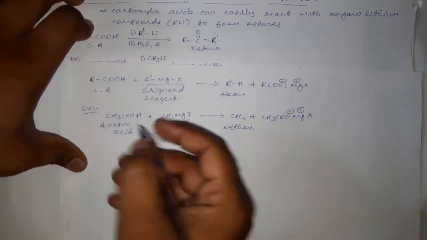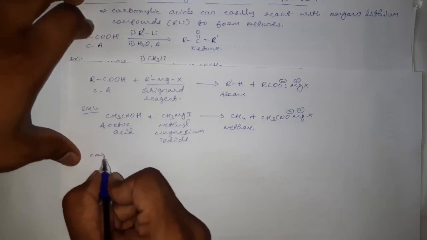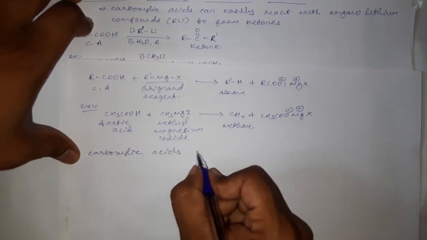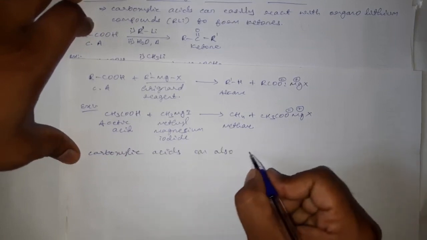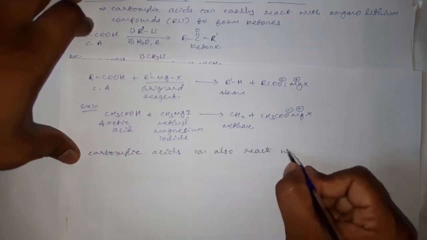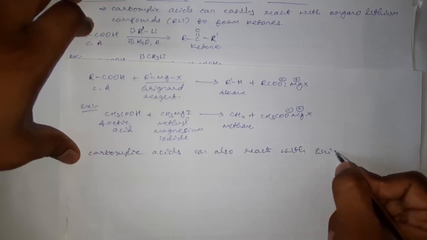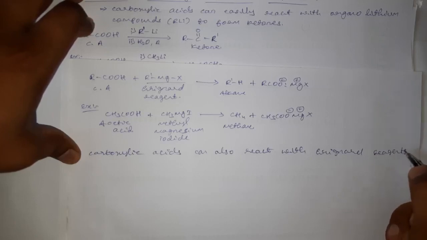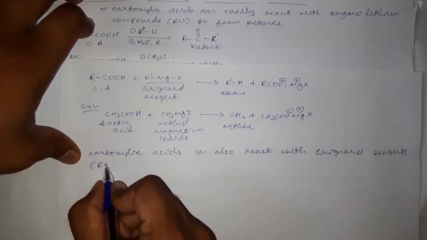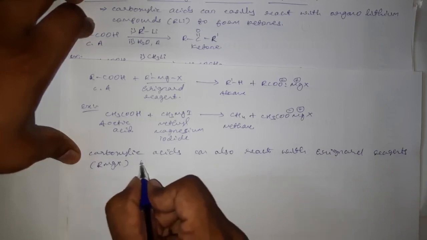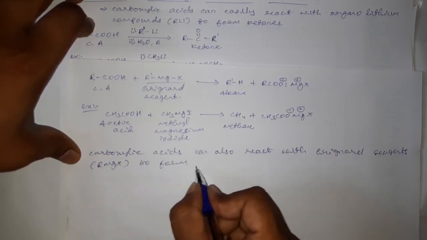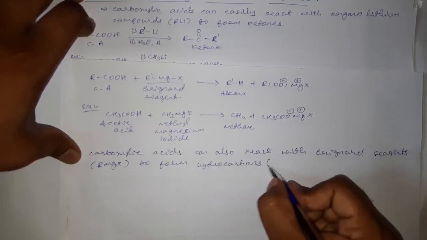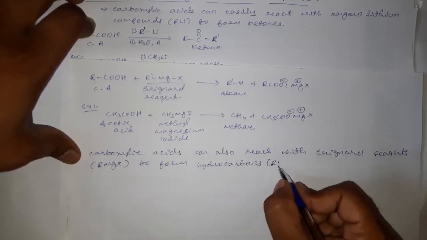Therefore we can write that carboxylic acids can also react with Grignard reagents, which have the general formula RMgX, to form hydrocarbons of the formula RH.